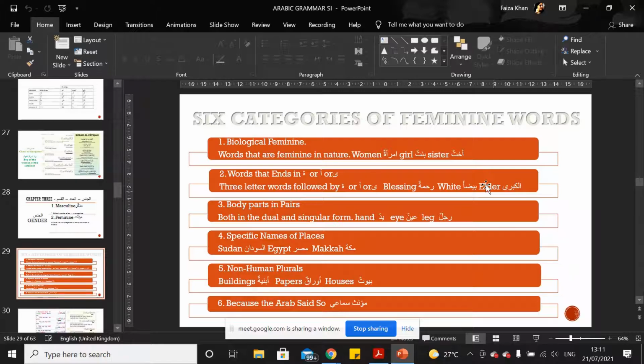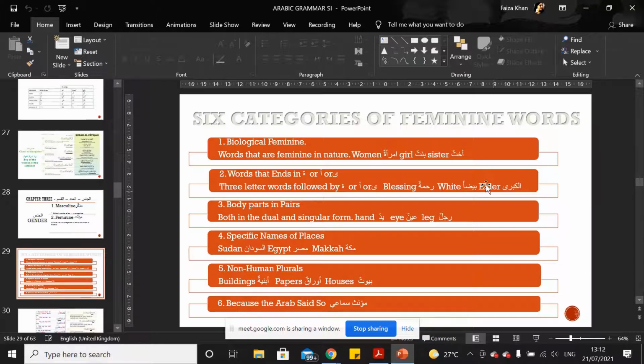So these are considered feminine words in Arabic grammar. The second category is the words that end in ta marbuta, alif maksura, or alif with hamza. These kinds of words are also considered feminine, but not all the time. Sometimes a masculine name like Hamza ends in ta marbuta, but it's a boy's name, a biological masculine name, so we consider it masculine.